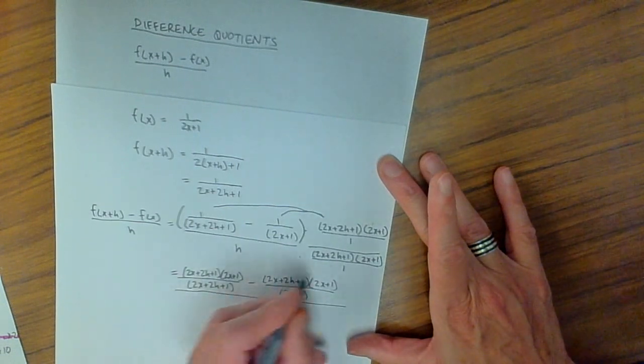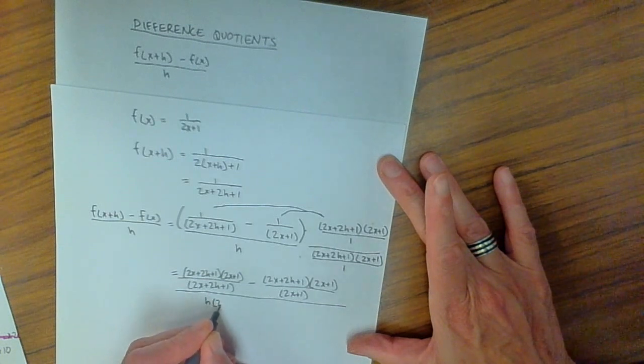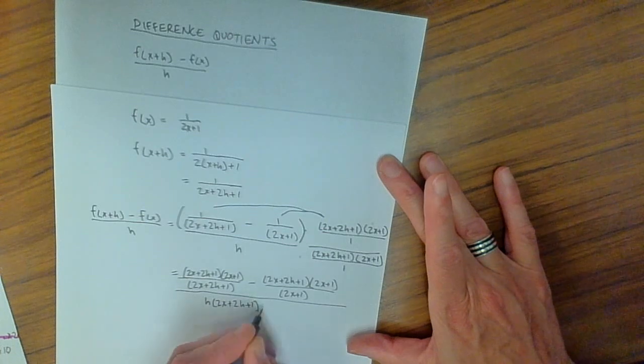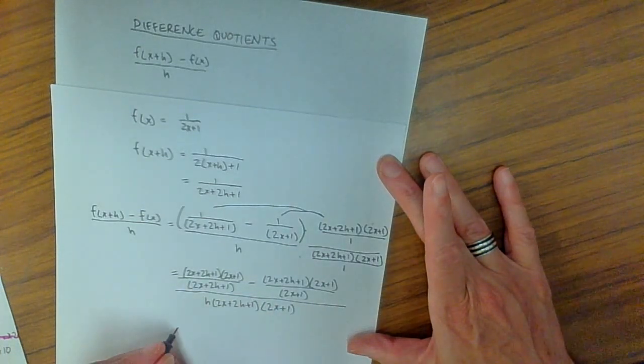Over, and on the bottom, it's just h times this, so h times 2x plus 2h plus 1 times 2x plus 1. Promise this is the worst it's going to get.